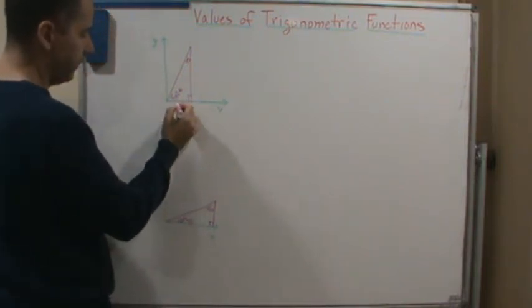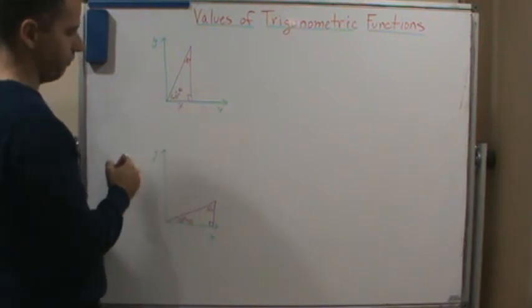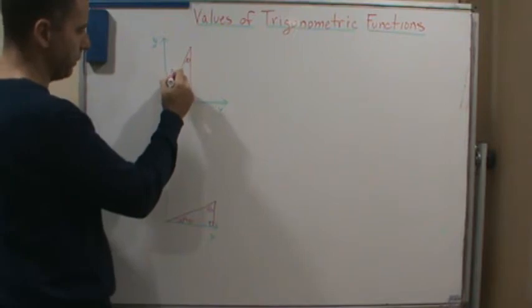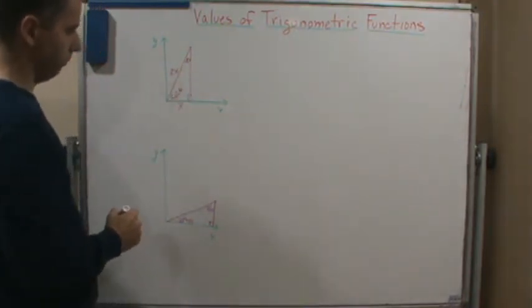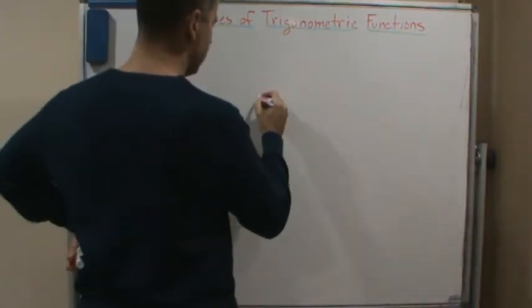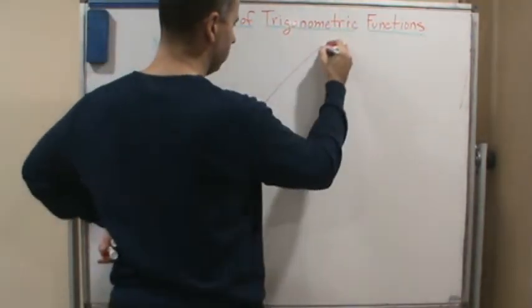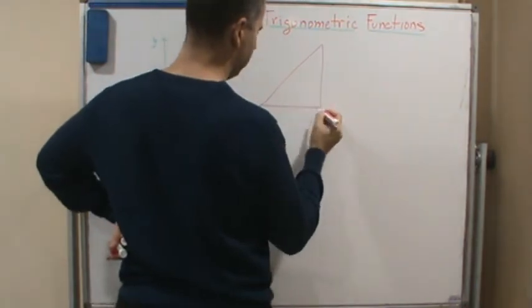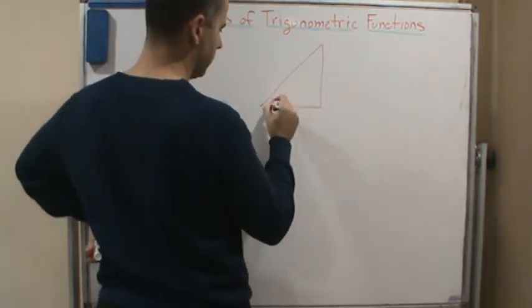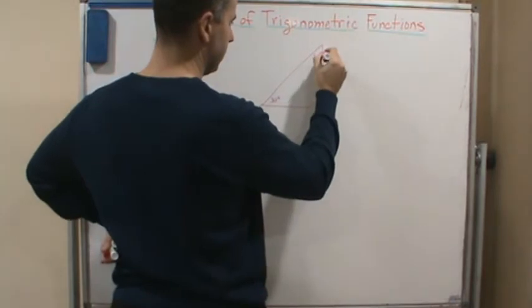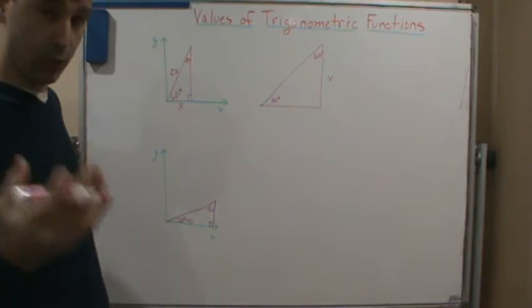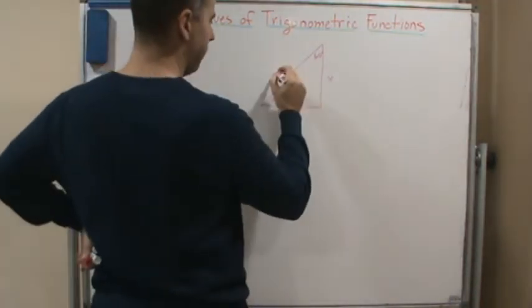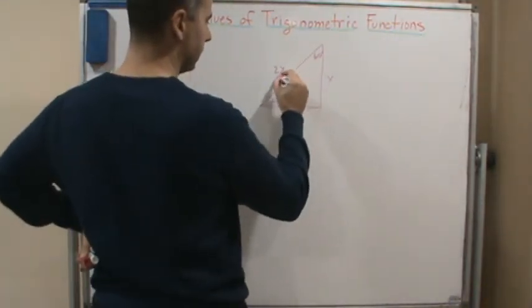So if this is x, then our hypotenuse would have to be 2x. So if we just take a 30, 60, 90 triangle, where this is 30 degrees and this is 60 degrees, then we would know that if this is x, whatever that side is, then this would have to be 2x.